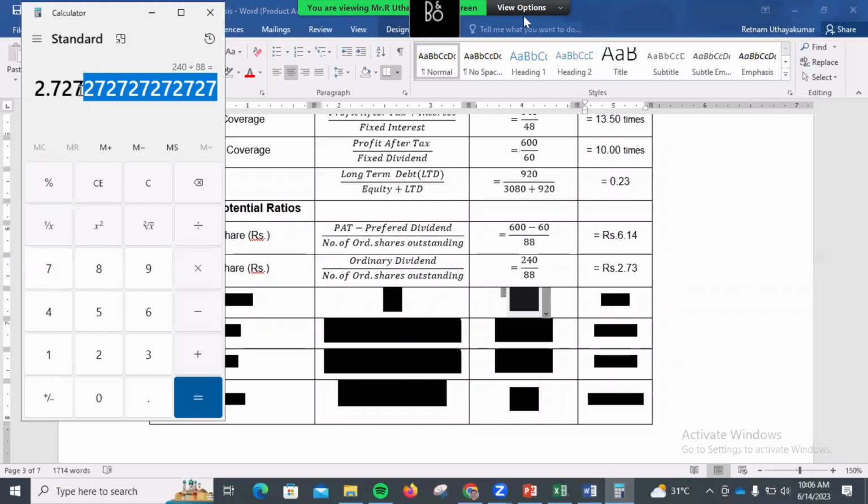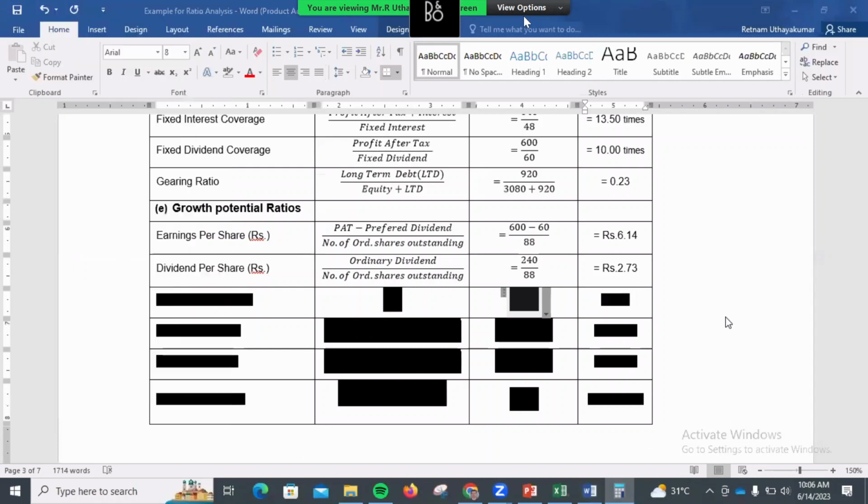Then 7 is to be upgraded to the next digit 3, so 27 becomes 30. So 2.73 would be the right figure. It should be stated in rupees. Don't forget that. It should be in rupees.